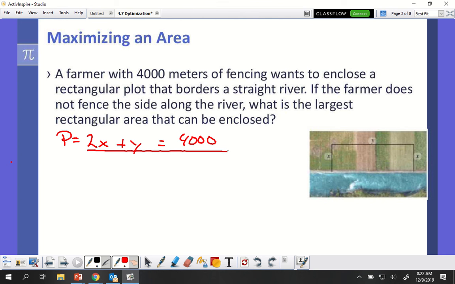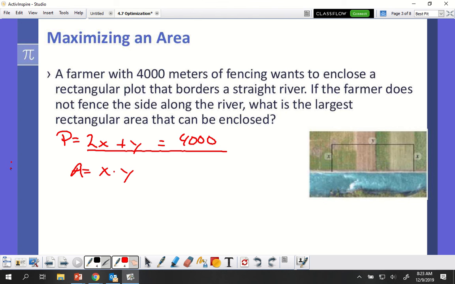The next thing I'm going to have is area. Now, how would I find the area of that shape? So area, x times y. What are we maximizing? Area. So if I'm maximizing the area, that means I'm taking the derivative of the area.